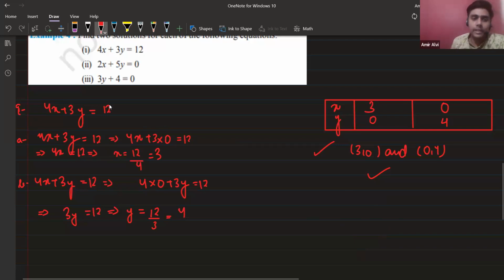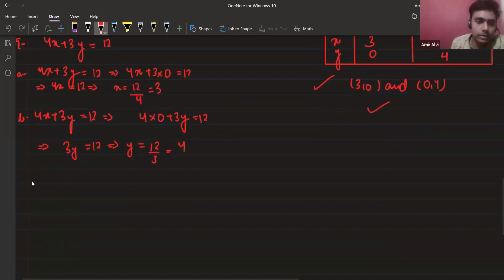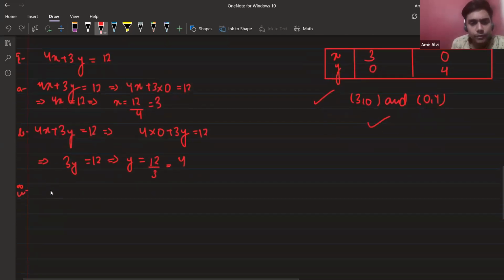Okay, let me solve it again. The second part, because I think you are still not clear. Second is 2x plus 5y equals 0. Make a box.